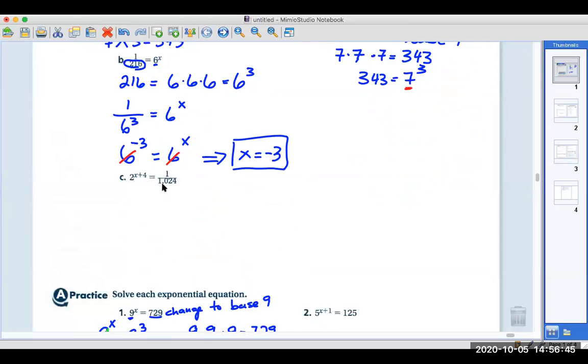And now let's look at this one, C. Again, look at the fraction. I already know it's going to be something with a negative power. And then you see, but it's going to be, I'm going to take 1024 first. I want to make it base 2. You always look at the power here, base 2.